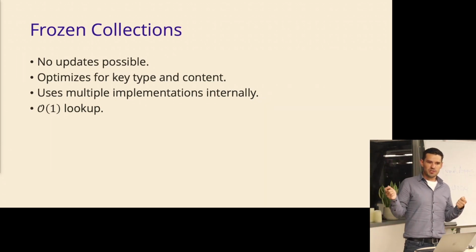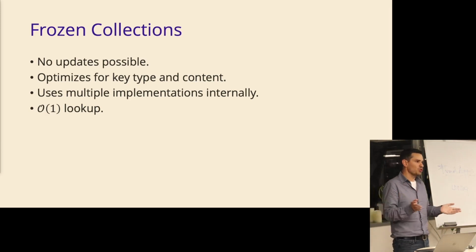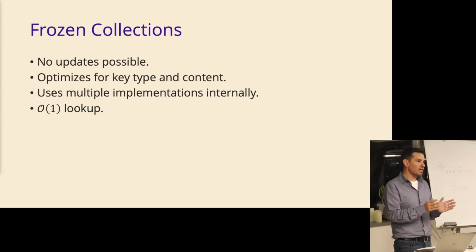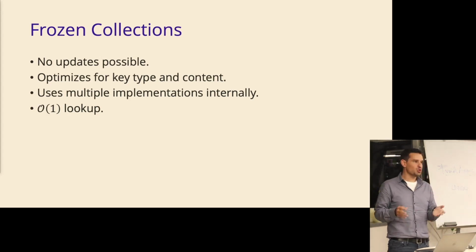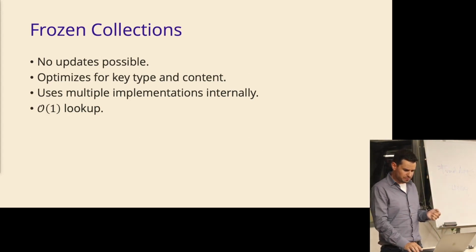So it might, for example, decide that one input is too small, so a hash table doesn't make sense, and I'm just going to do linear search. It might decide that the key is a string, and there's variation in the length, so I'm going to bucket by string length, and that actually saves a lot of cycles because you don't need to do hashing of strings. And it's doing a bunch of tricks like that dynamically, depending on the values that you give it.